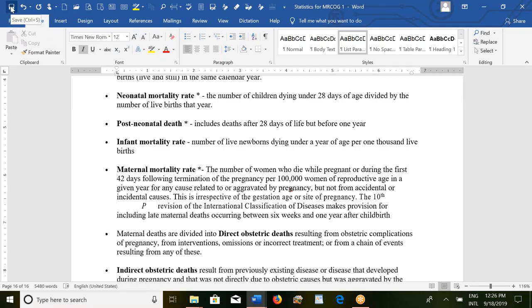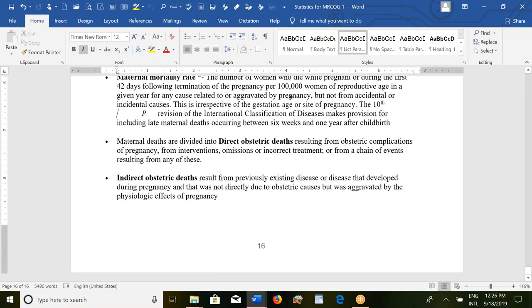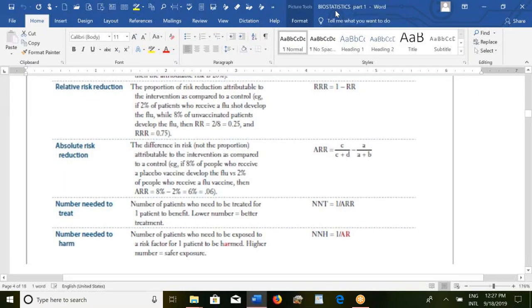So in your exam, you should expect to see stations on perinatal mental health issues, because their incidence is increasing, and now they have included them in the direct obstetric deaths. So that is important for you. You are going to get a station on that.